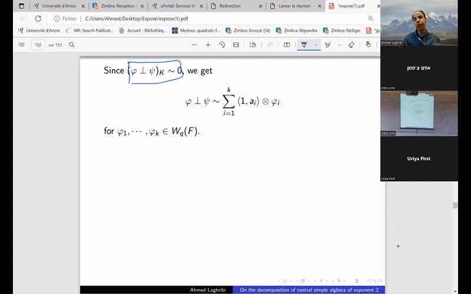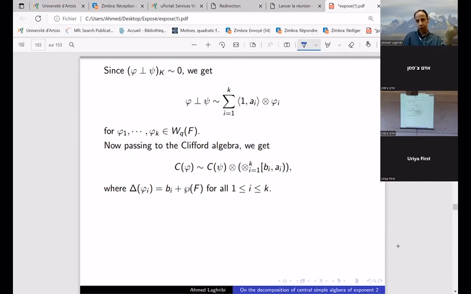And now, using the kernel that I showed a few minutes ago, phi plus psi can be written like this, where the phi_i are in the Witt group. Now we pass to the Clifford algebra, and we get that the Clifford algebra of phi is Brauer equivalent to the Clifford algebra of psi tensor product with this quaternion algebra. And B_i is just a representative of the Arf invariant of phi. And now it is okay.